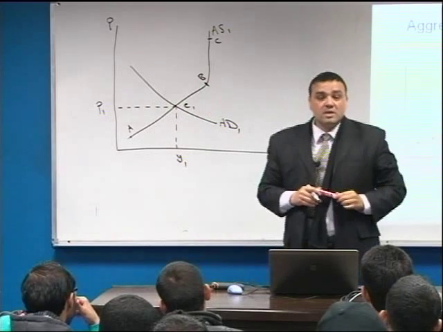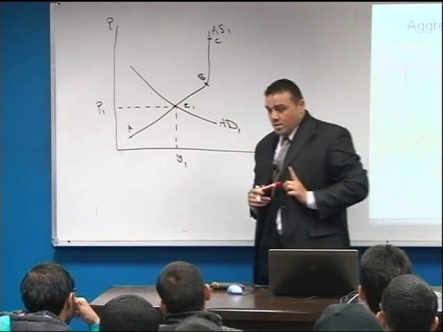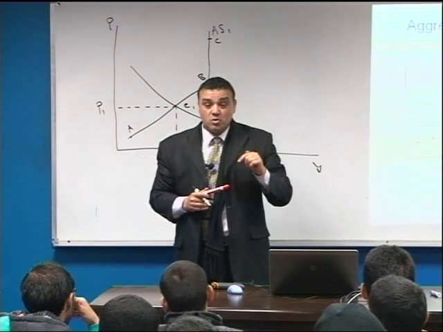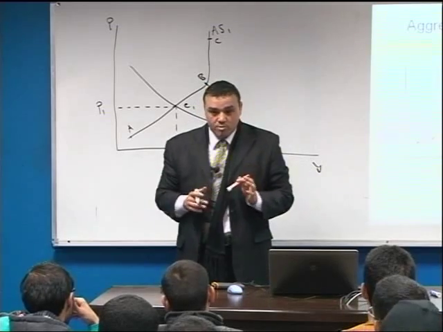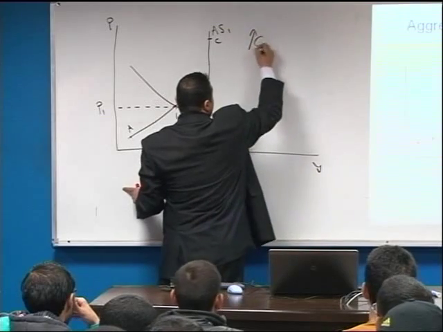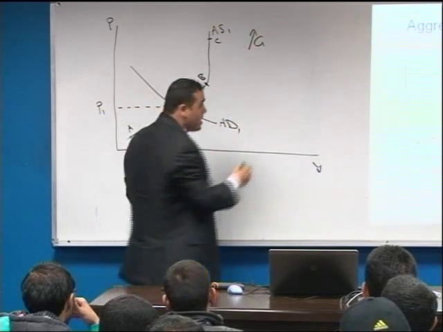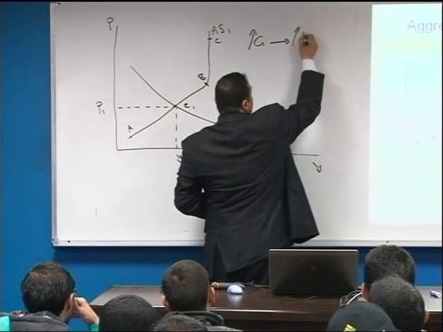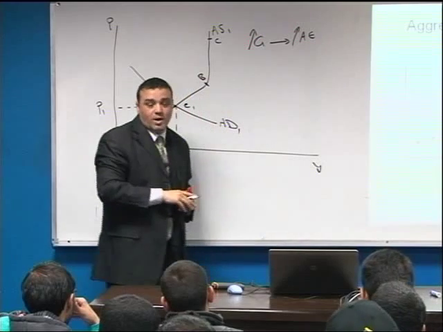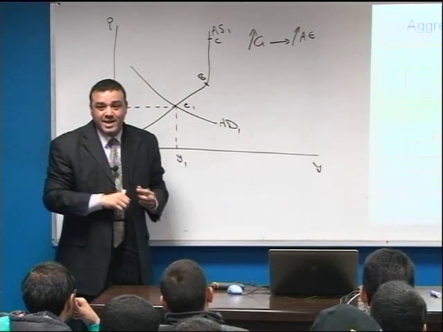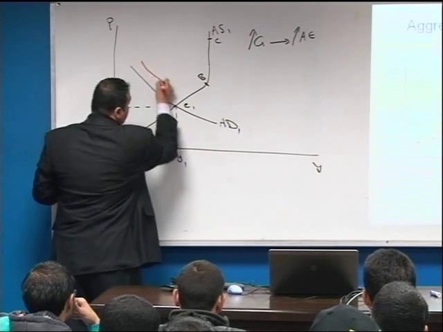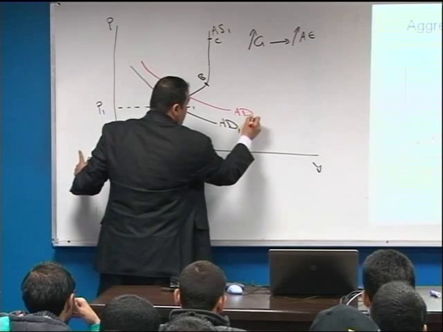But now, suppose the government used an expansionary fiscal policy by increasing government spending. This leads to increasing aggregate expenditure or aggregate demand, a rightward shift in the aggregate demand curve to aggregate demand 2.